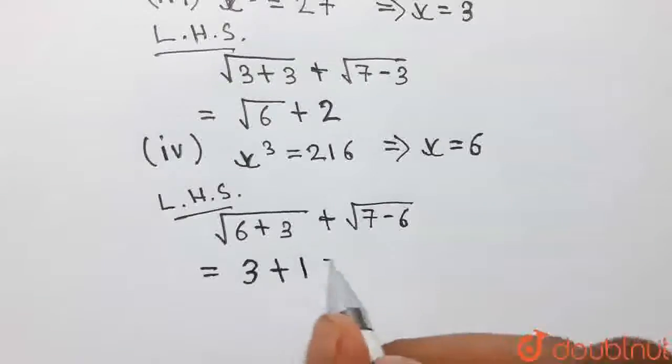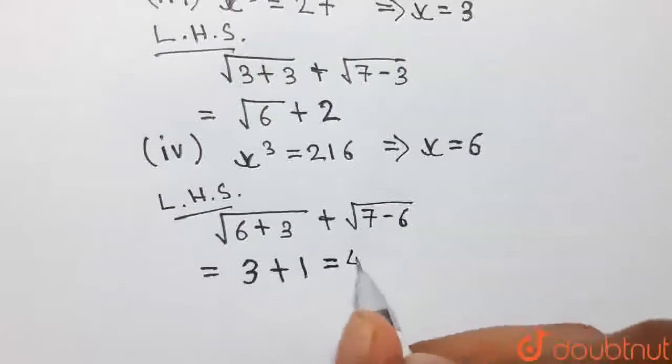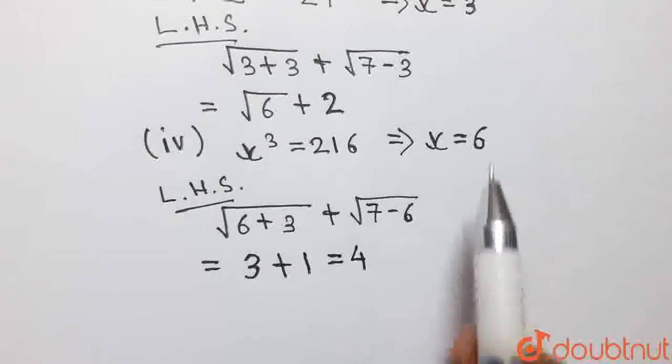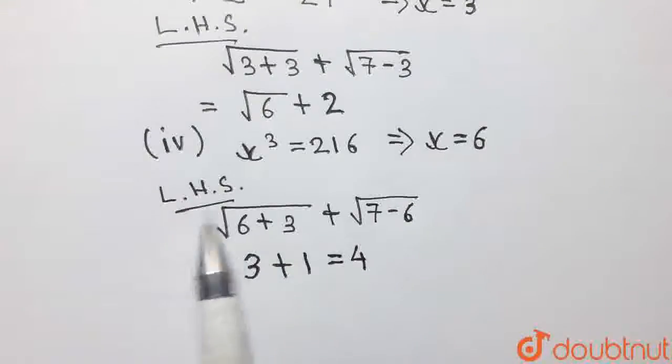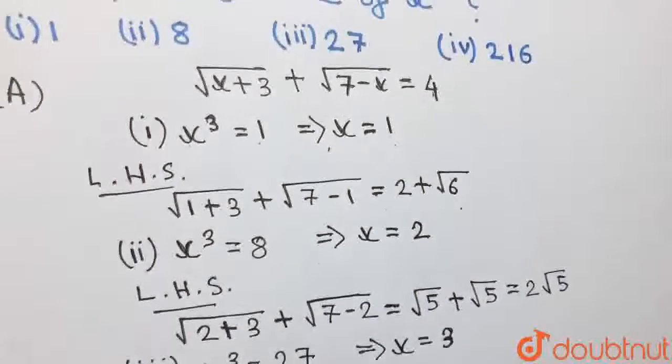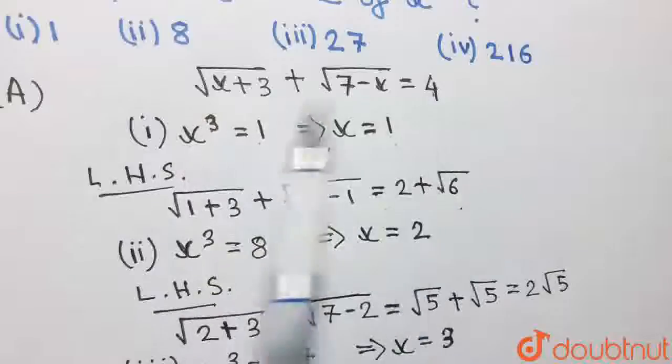And 3 plus 1 is 4. So we have concluded that when we substitute x equal to 6 in the left hand side of the equation given in the question, it comes out to be equal to 4. So x equal to 6 does satisfy this equation.